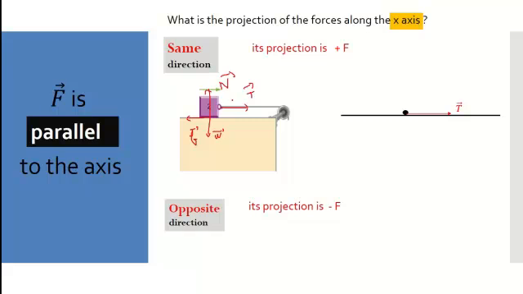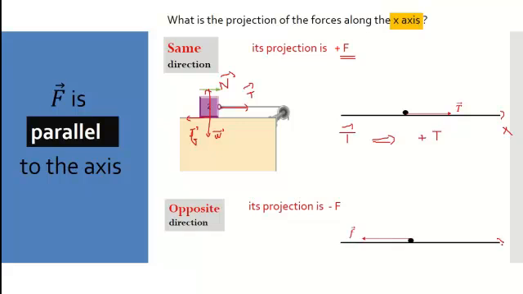But if I want only to find the projection of the tension force, I look at the x-axis. The tension with respect to the x-axis is parallel, and not only parallel, it's parallel in the same direction. Since it's parallel in the same direction, its projection will be plus T. This means that Tx is equal to plus T. What about now the frictional force?